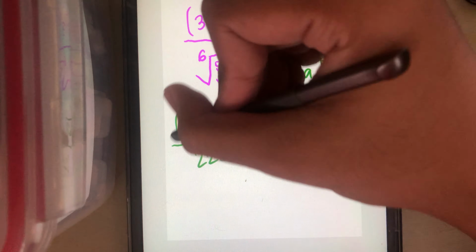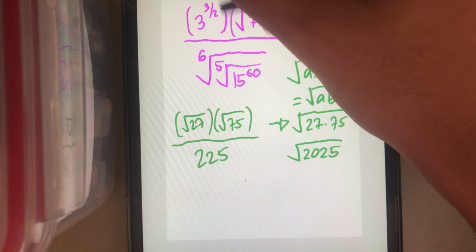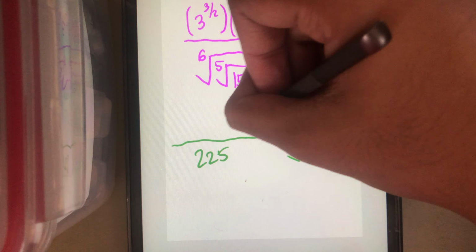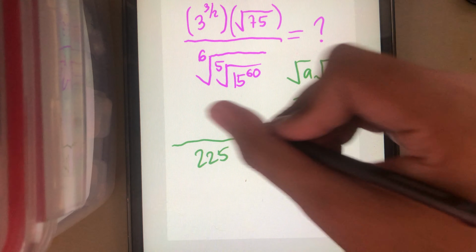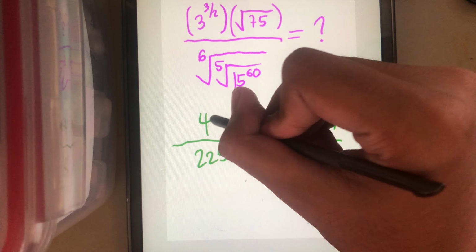So we replace square root of 27 times square root of 75 with square root of 2025, which can be simplified to 45.